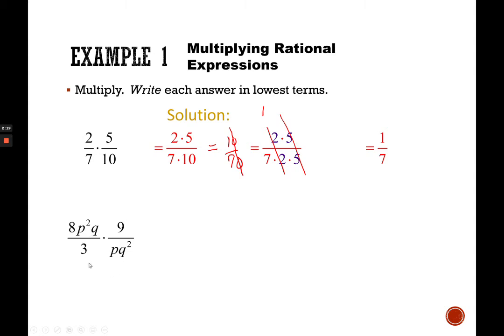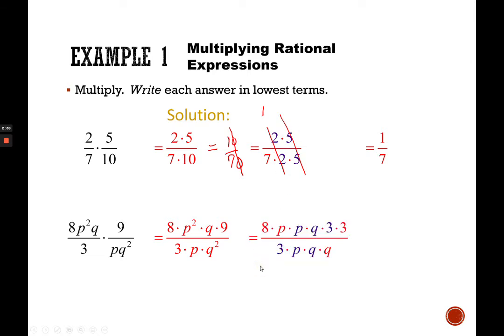Multiply 8p squared q over 3 times 9 over p times q squared. To multiply, you just multiply the numerators and the denominators, and then this follows the factoring method. So we will factor everything. There's 2p, and then 9 is 3 times 3.